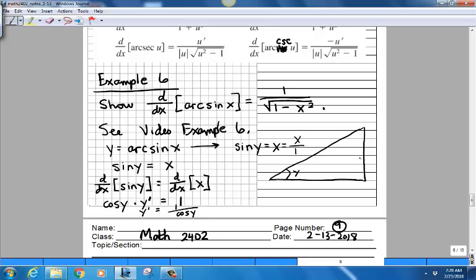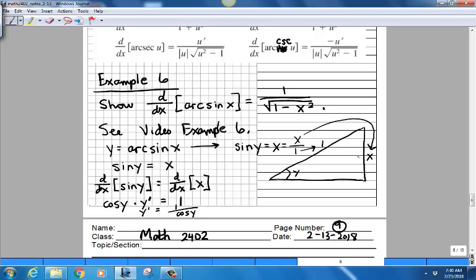That allows us to label some of the sides of this representative right triangle. I can label the side opposite of y as x, and then I can label the hypotenuse as 1. So that when we take x divided by 1, opposite over hypotenuse, we get x, and that's the sine of y.